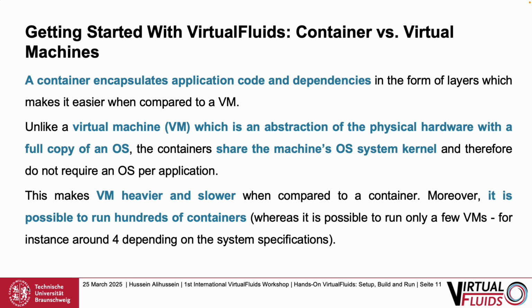If I want to use a virtual machine, I would build another operating system, so I would have multiple operating systems running on one machine. When I use containers, I use only one operating system kernel and several containers. Not a full operating system, but a lightweight one, if one can say so. So you can run hundreds of containers, but only a few virtual machines, because virtual machines are heavy, and we're talking about the abstraction of the whole operating system. This is the difference between virtual machines and containers.